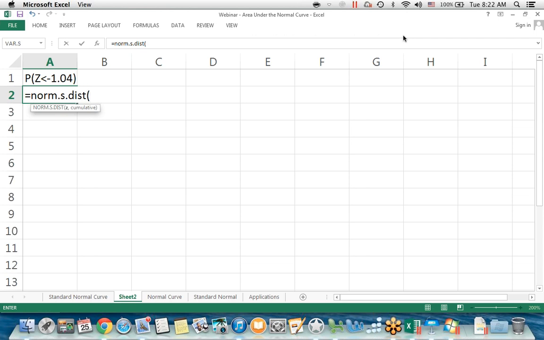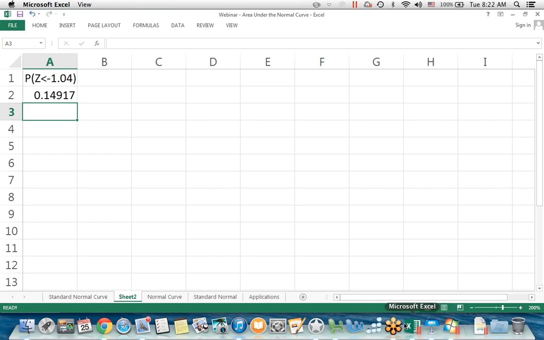From this particular problem, the z value is given as negative 1.04, comma, and then we're going to write true because it's an area. So our answer very simply is 0.14917. This represents the area to the left of negative 1.04.